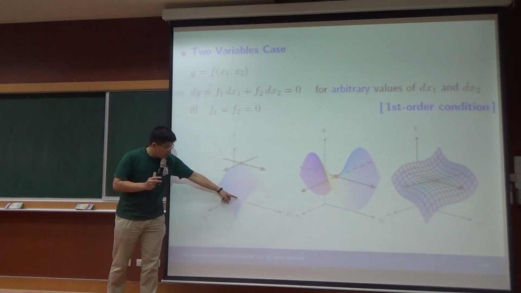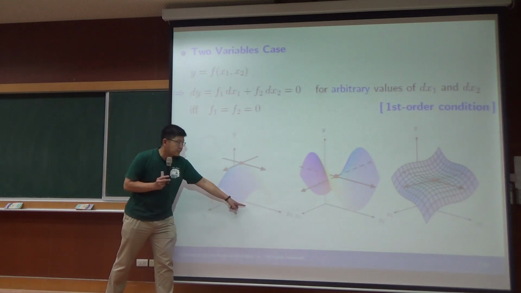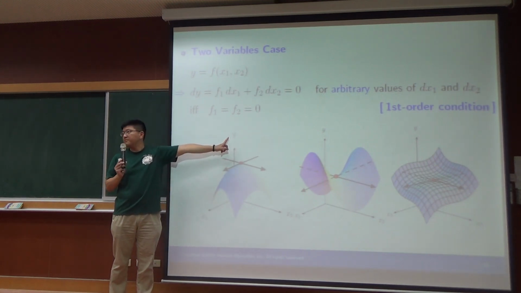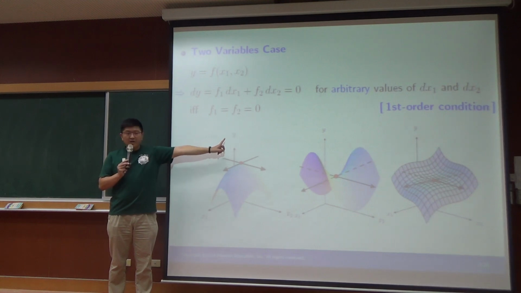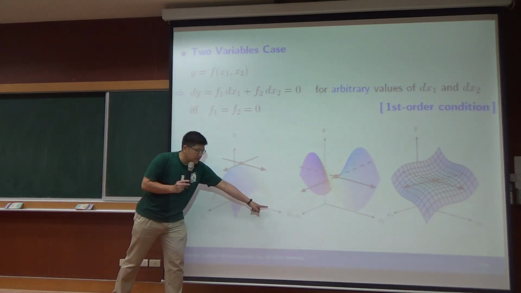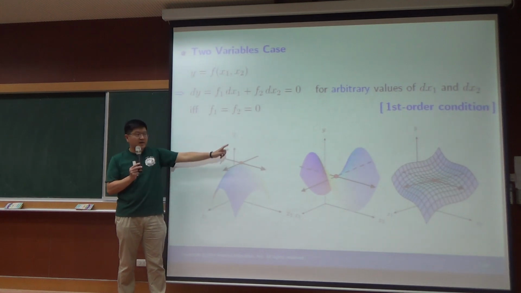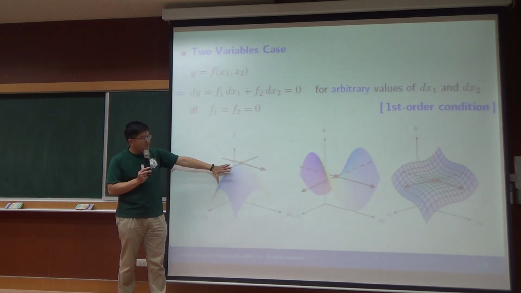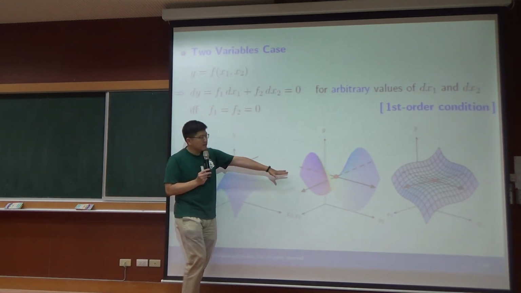So with the domain x1 and x2, and we have a function value axis. So now we have two x-axes and one y-axis. So something can be like this, or like this.